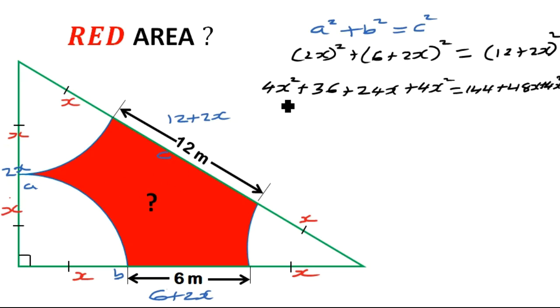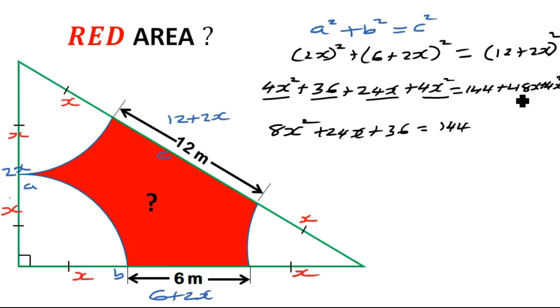So what do we get here? 4x squared plus 4x squared will be 8x squared, then plus 24x, then plus 36. You simplify that side to be equal to 144 plus 48x plus 4x squared.